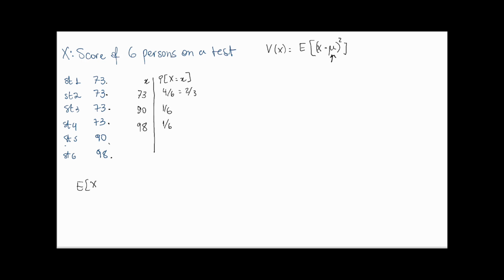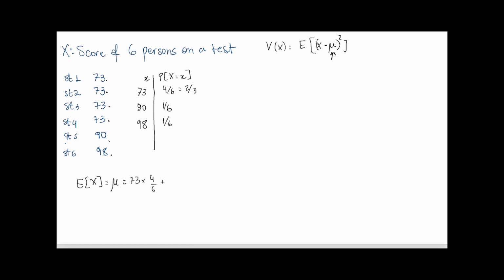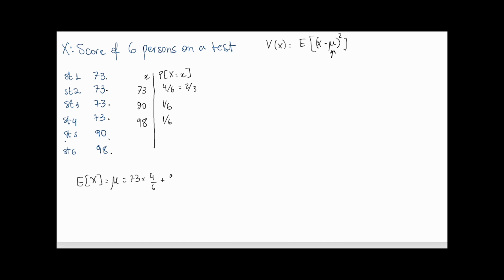The expected value of x, or the mu, is equal to the value that I can take on times its probability: 73 times 4/6, let me leave it as 4/6 just to make the calculations easier, plus 90 times 1/6 plus 98 times 1/6.